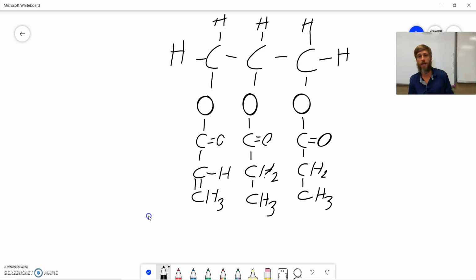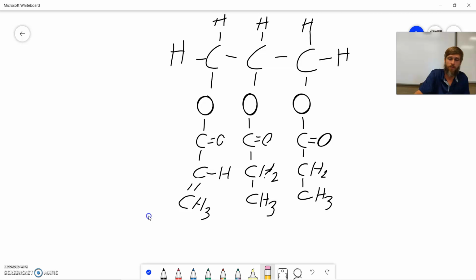So what actually happens is that this fatty acid tail begins to change shape. It actually begins to bend. So our CH3 is off to the side just a little bit. It completely changes the structure of the fatty acid chain.